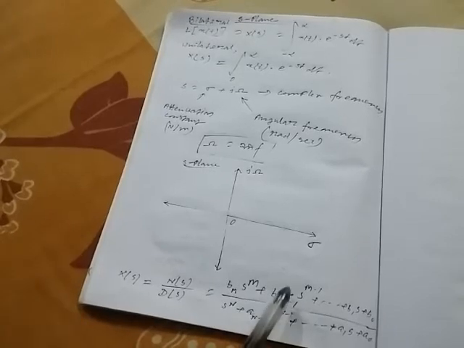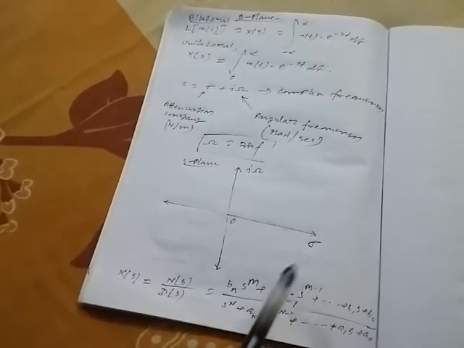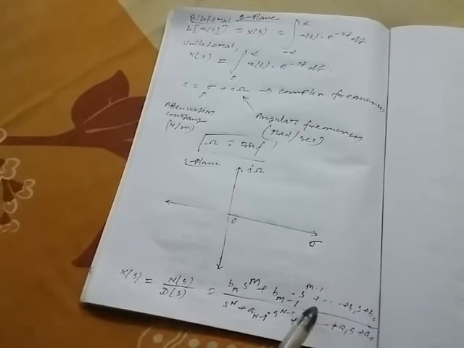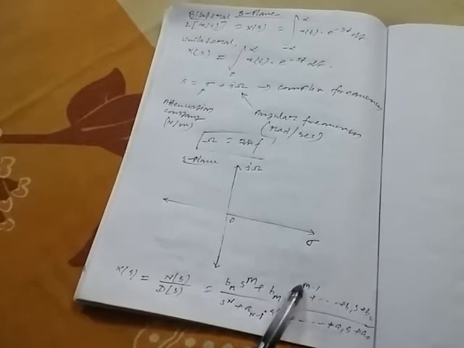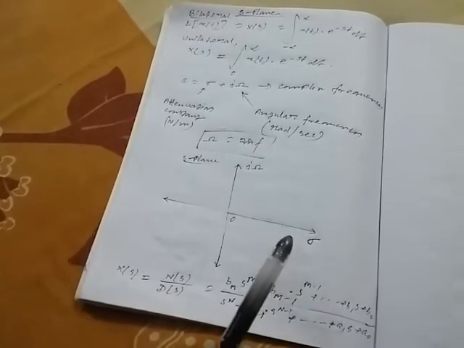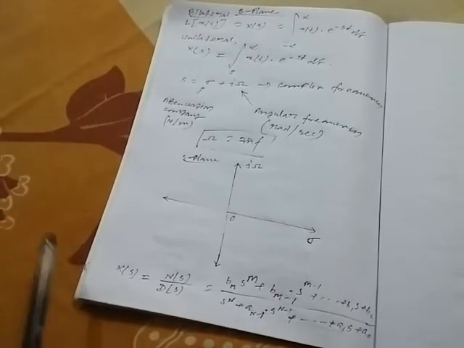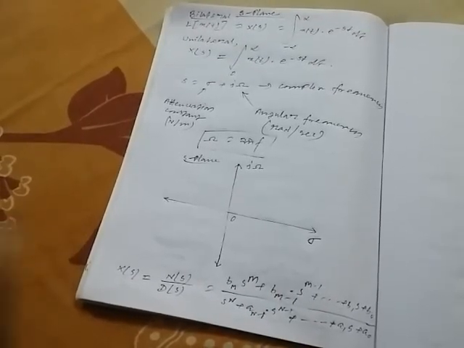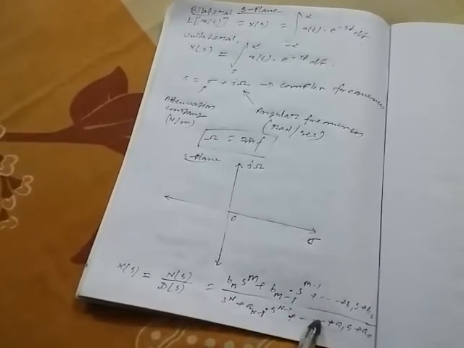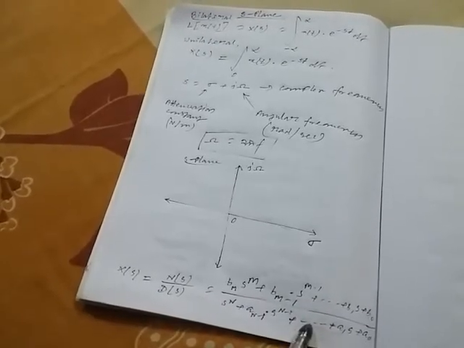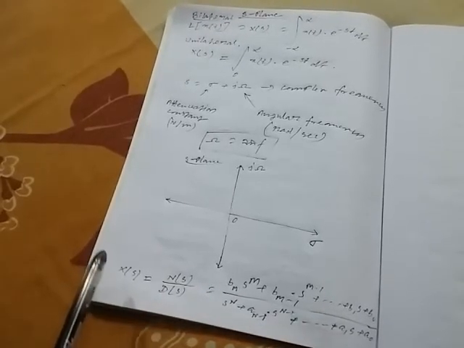Now when we put the numerator polynomial equal to 0, all the values of s obtained are known as the zeros of the function X(s). Again, if we put the denominator equal to 0, we get some values of s that are known as the poles of the function X(s).